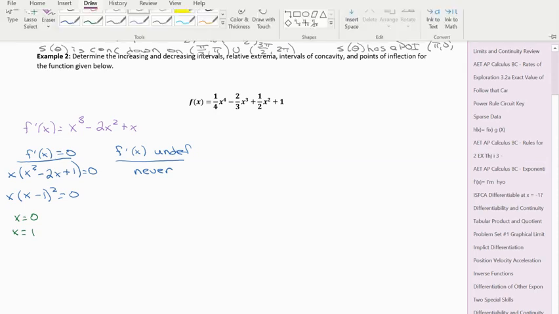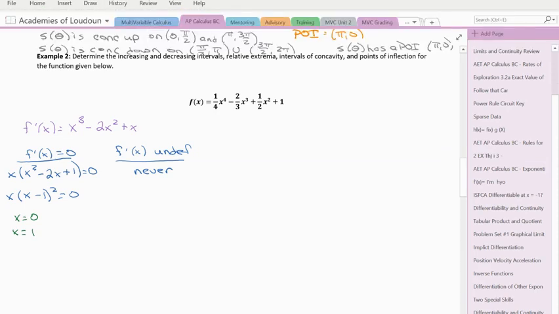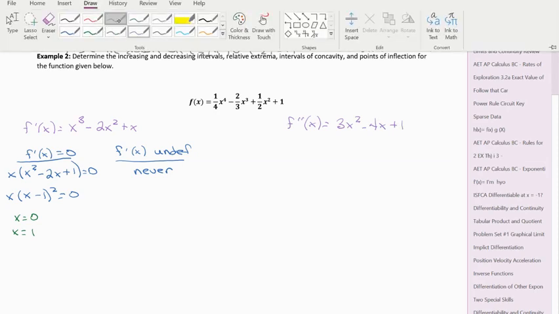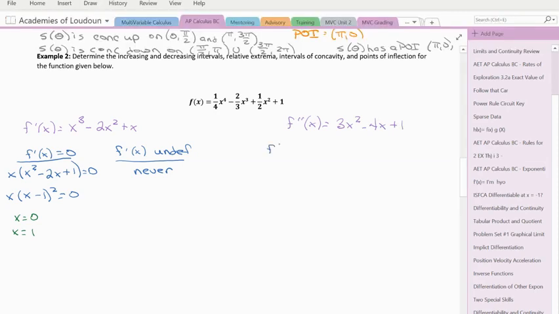And then let's go ahead and find our second derivative. So our second derivative is going to be 3x squared minus 4x plus 1. And again, we want to set this equal to 0 or find where it's undefined. Again, we know that this never happens because it's a polynomial.